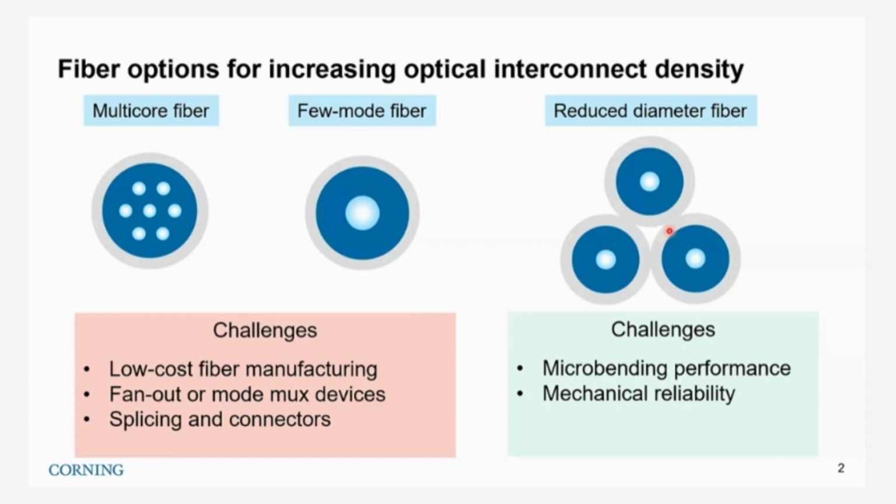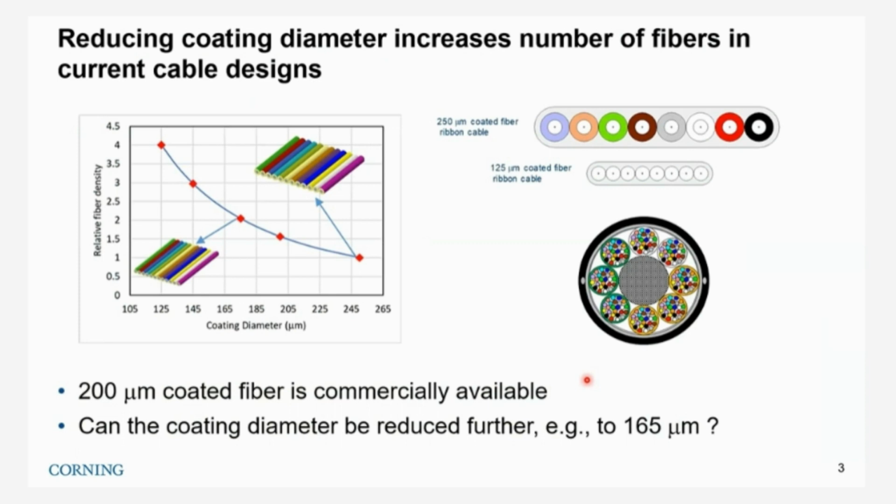So on the other hand, we can reduce the fiber diameter to increase the fiber density. For reduced diameter fiber, however, there are also challenges. The two key challenges, one is microbending performance, the other one is mechanical reliability.